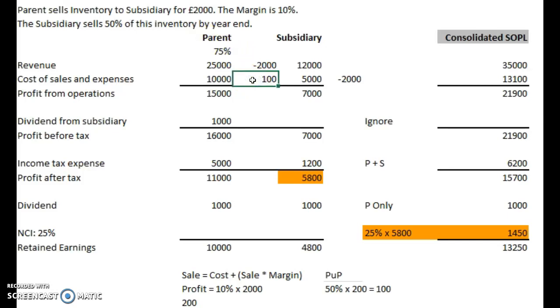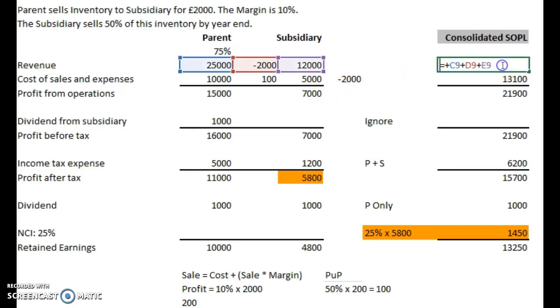So that 100 relates to this 100 just here. Our other adjustment is the transactions themselves. We don't need to sell to ourselves and make a profit. So we reduce the revenue of the selling company by 2,000 and reduce the cost of sales of the purchasing company by the same amount.